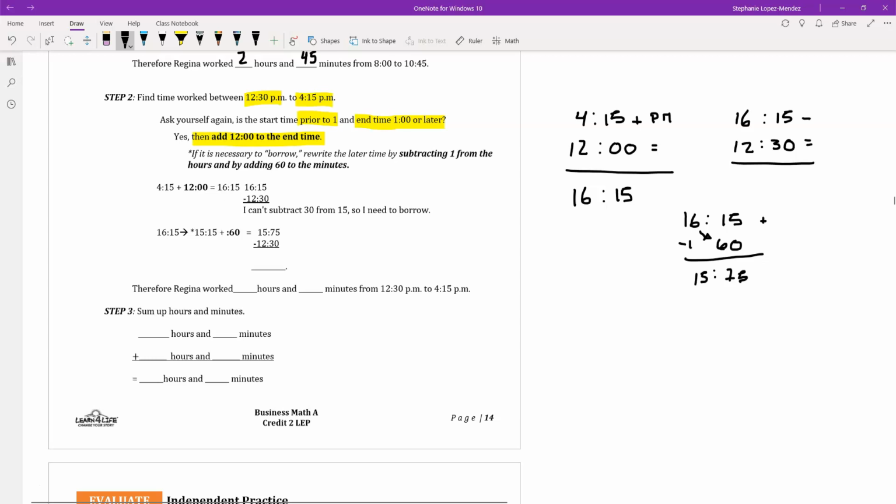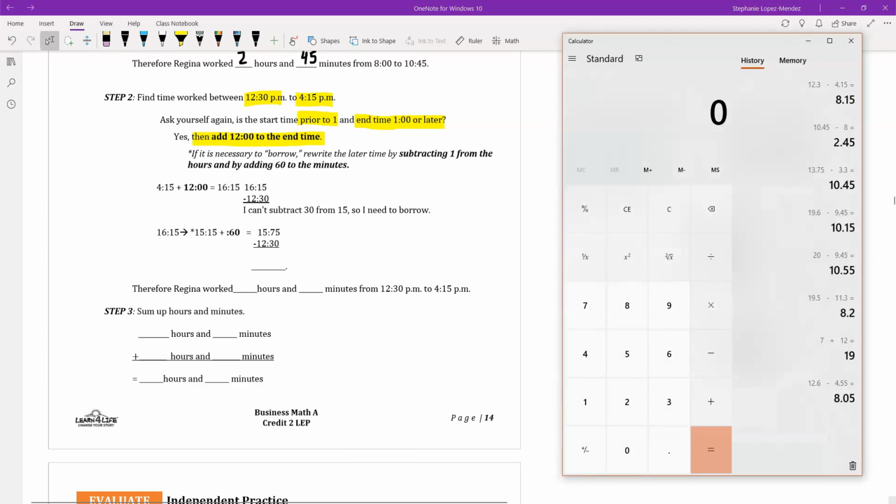So then I have 15 hours and 75 minutes minus the start time, which was 12:30. Okay, I go to my calculator and I do 15.75 minus 12.30.